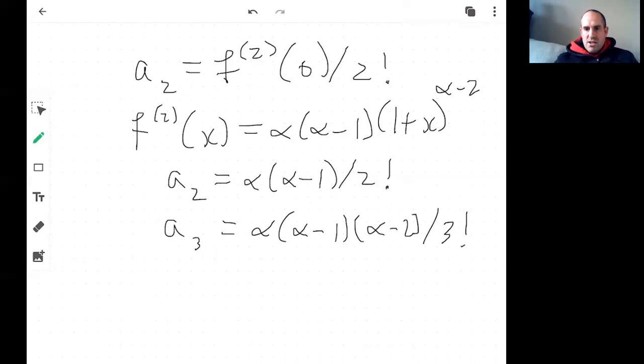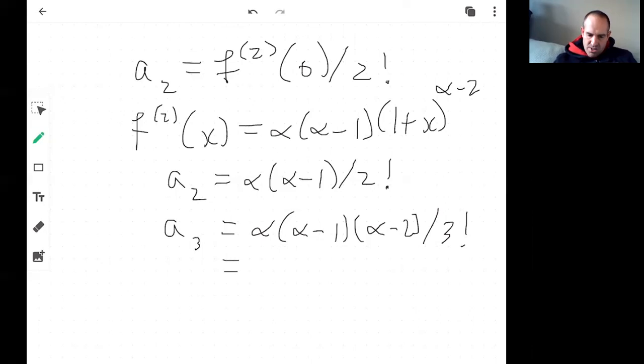Essentially, a_n is going to be a falling product starting from alpha, where I have a total of n terms. It's that Pochhammer symbol that we talked about a while ago, alpha with n in parentheses as a subscript.